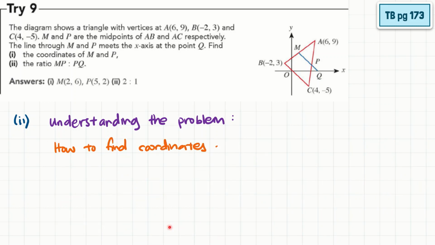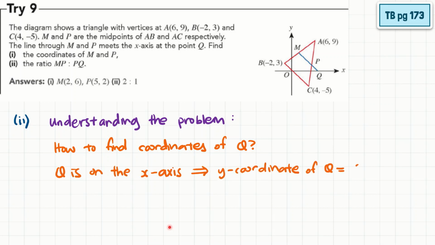In order to find the coordinates of Q, firstly, where is Q? Q is on the x-axis, and being on the x-axis, we know that the y coordinate will be equal to 0. Then the next question would be, how do I find the x coordinate of Q? As mentioned earlier in the question, MPQ is actually a straight line.